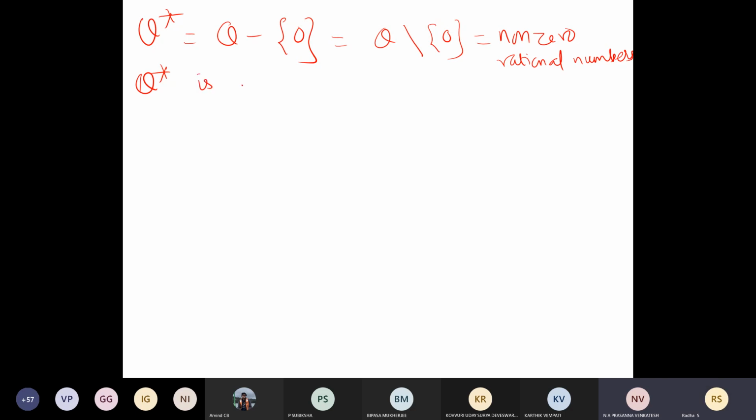So Q star is a group under multiplication.